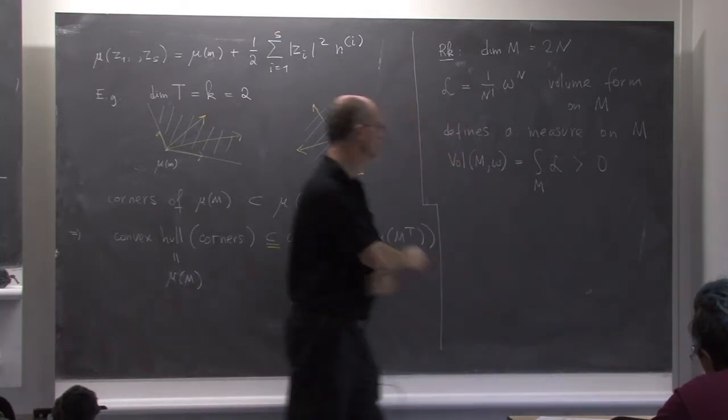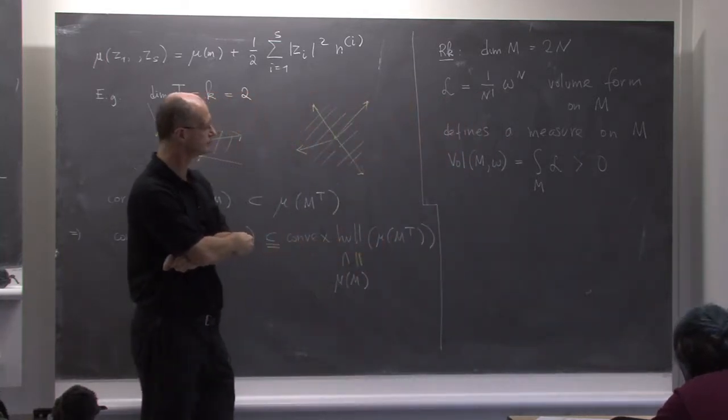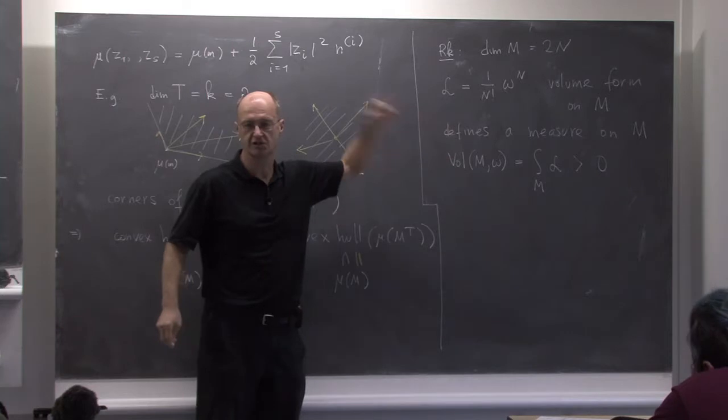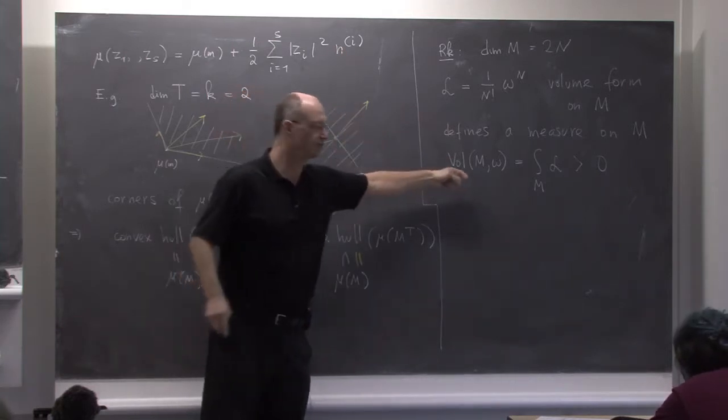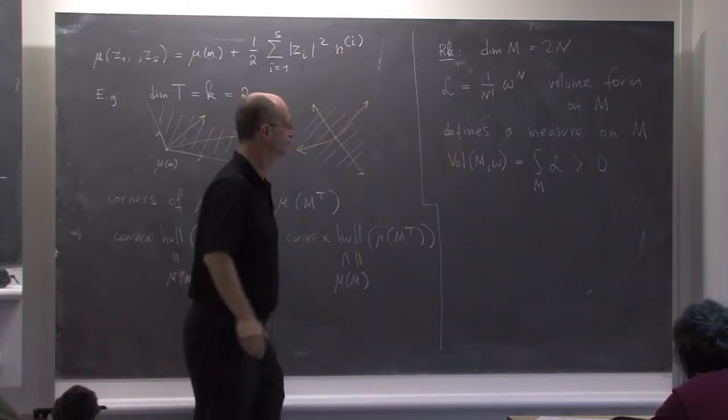So it's a positive real number. In principle, we can normalize this measure to be a probability measure if we divide by this volume.